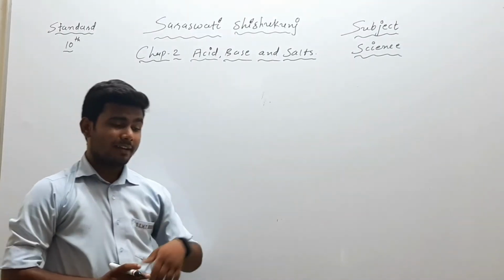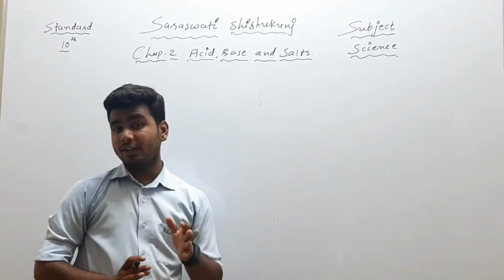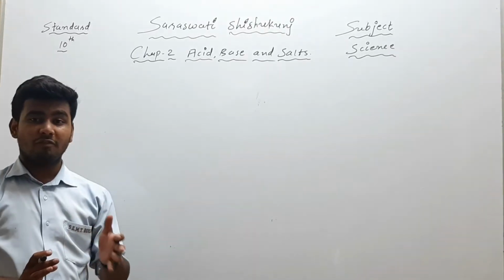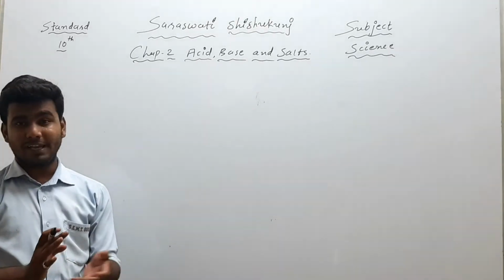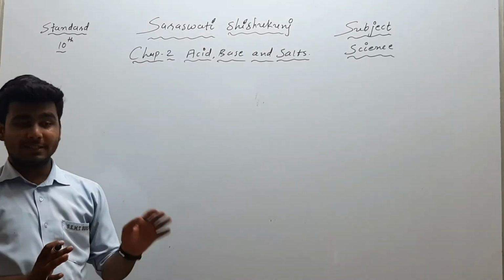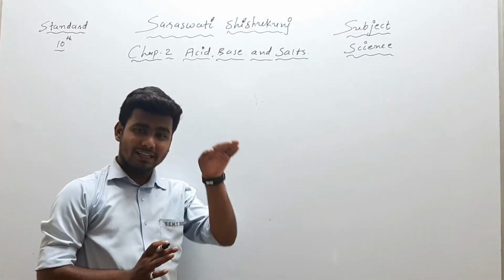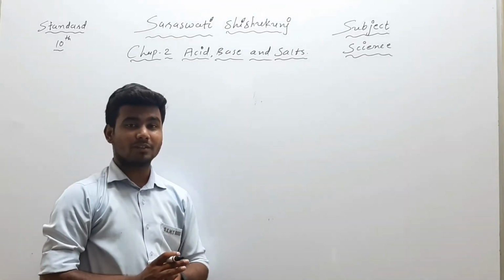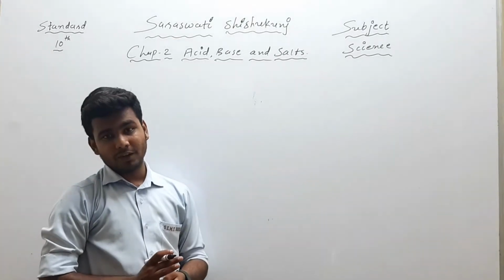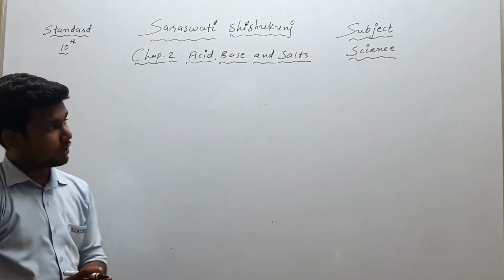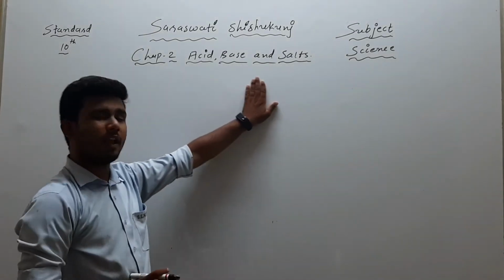We also know that baking soda is used for preservation of milk, right? A question can be asked: why does the milkman add baking soda to milk? Because it is alkaline, it decreases the acidity of the milk, so it will take more time to get converted into curd, so it can be stored for a long time.